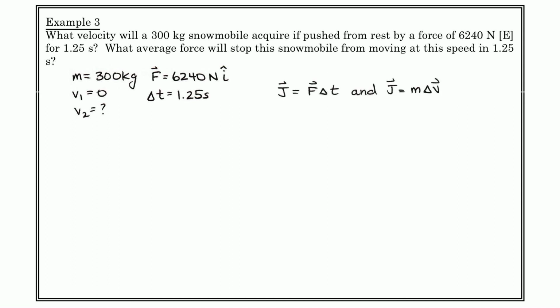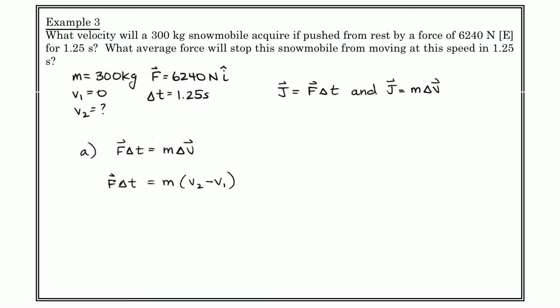Well, we have two equations for impulse, F delta t and m delta v. And because we've got F, we've got t, and we've got m, we can figure out this change in velocity by stating that F delta t is equal to m delta v.